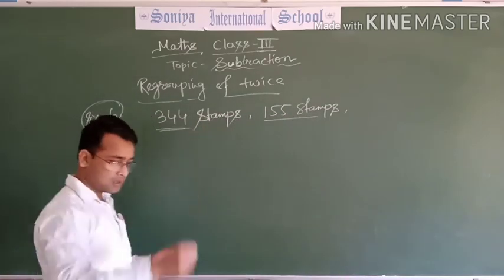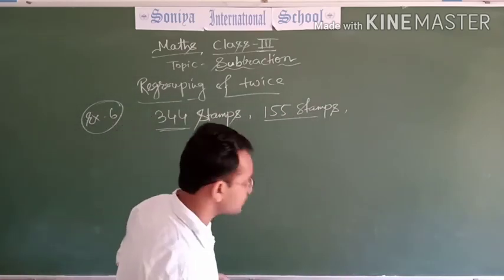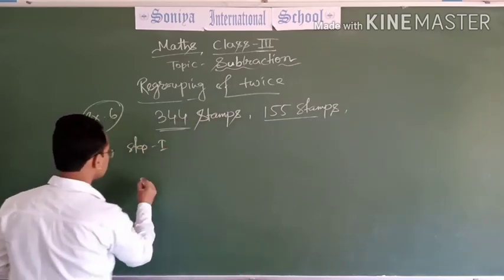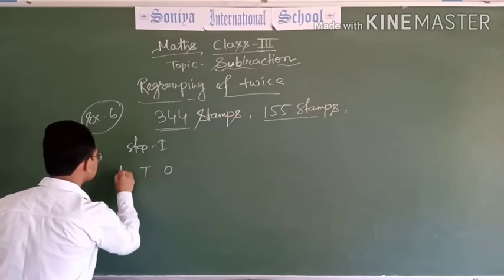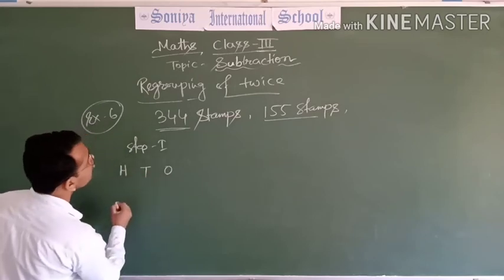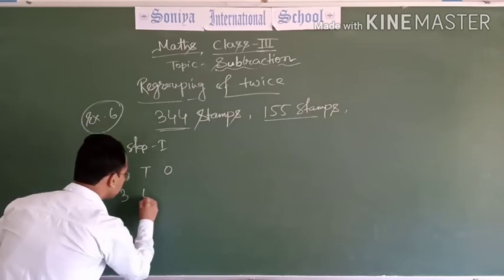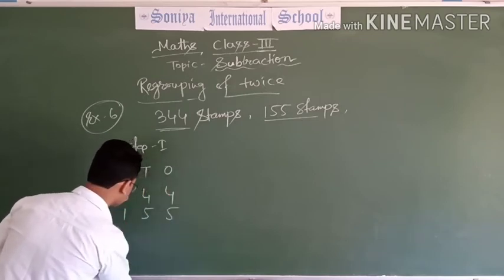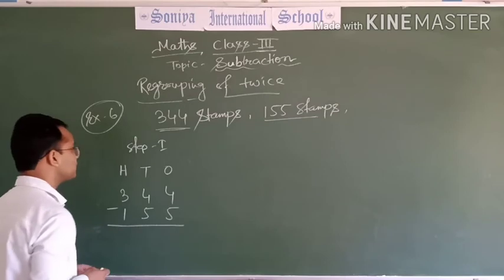So subtraction stepwise. Step 1: ones, tens, hundreds. 344 and 155. Subtract from each other.